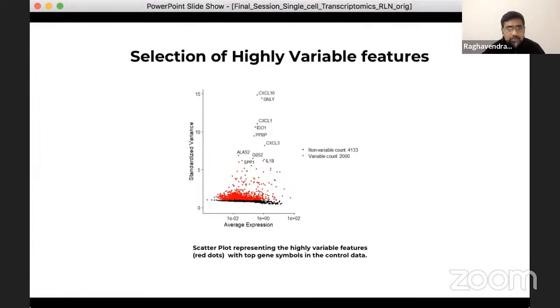Yes. So a standardized variance plot will help us identify a subset of genes that are expressed at a very high level of cell to cell variance, that is, in cell to cell differences between different cells.